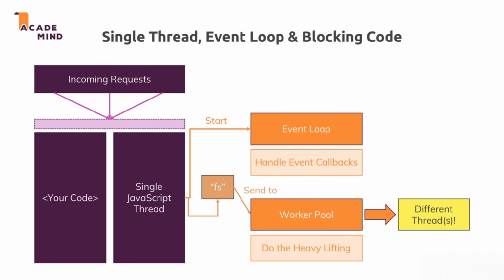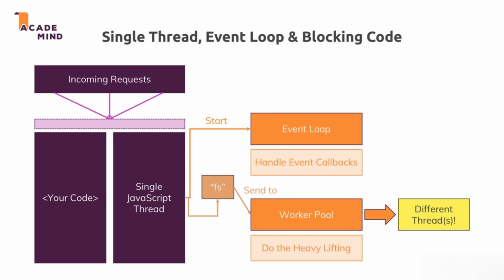It can spin up multiple threads. It's closely intertwined with the operating system you're running the app on. So this is really detached from your code. And this worker pool is therefore doing all the heavy lifting. If you're doing something with a file, a worker from that pool will take care and will do its job totally detached from your code and from the request and from the event loop.